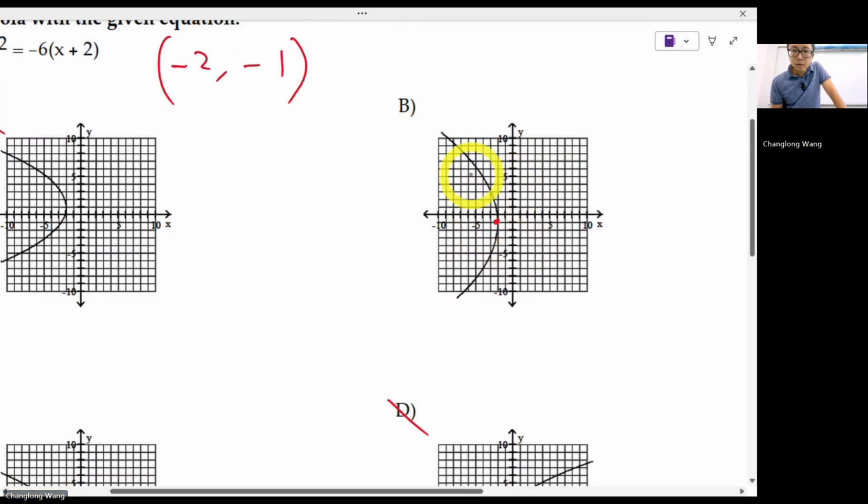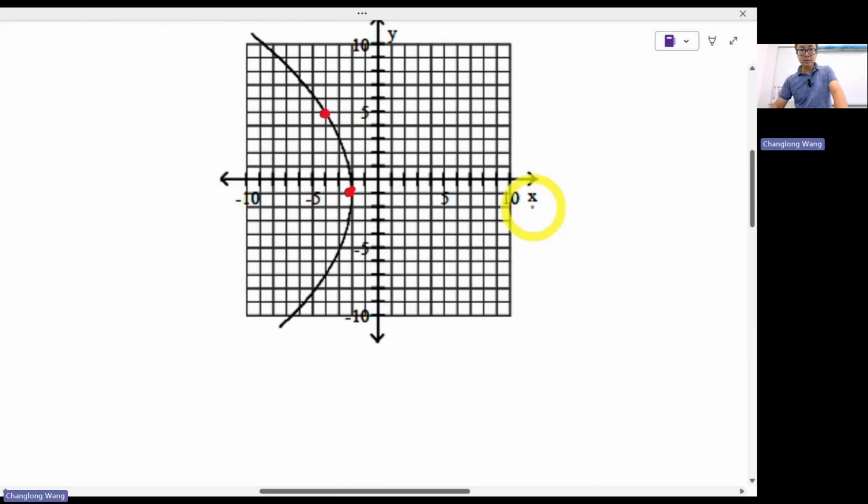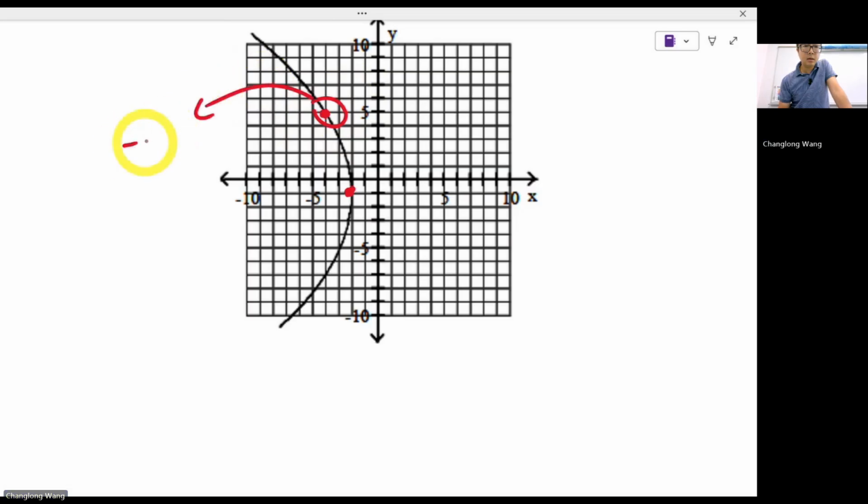So I happen to notice a point right there, which has a vertical coordinate to be 5 and a horizontal coordinate of -5. All right, so let me zoom in a little bit more. Would you say that this point looks like -4, comma 5?